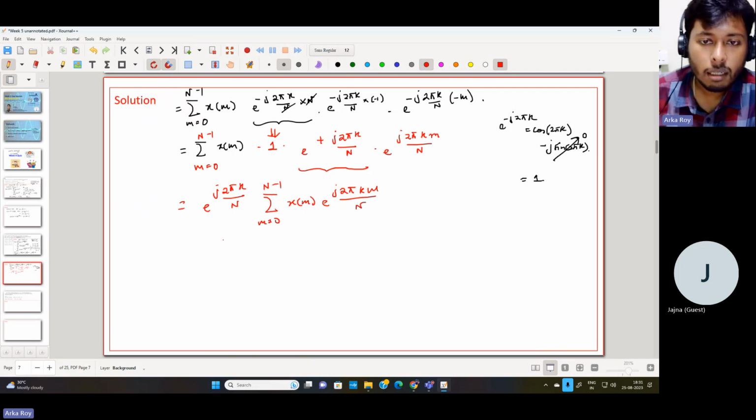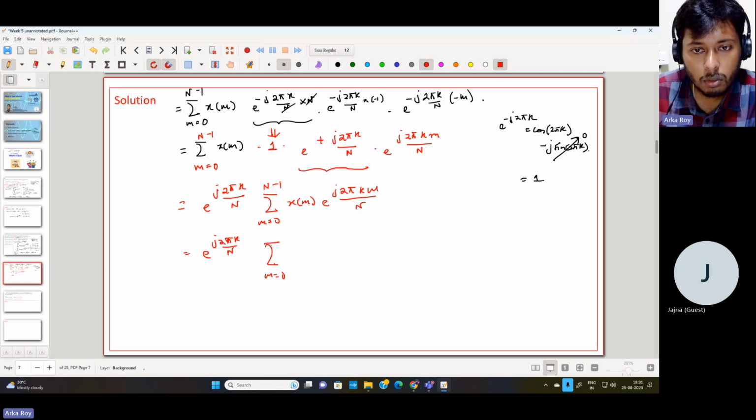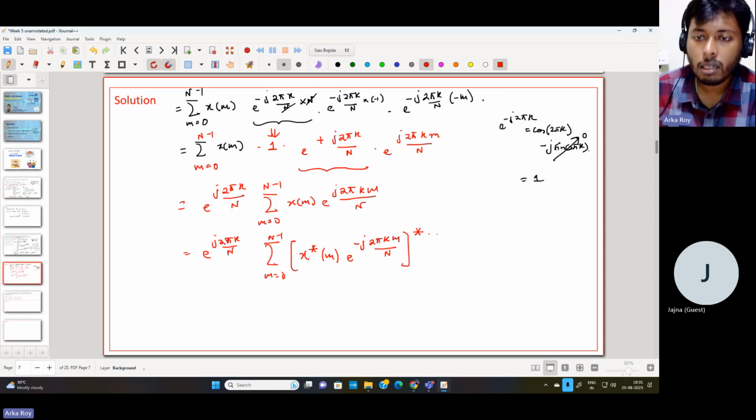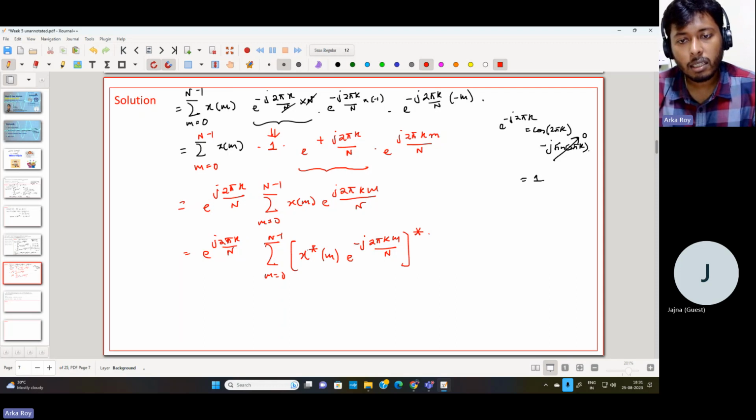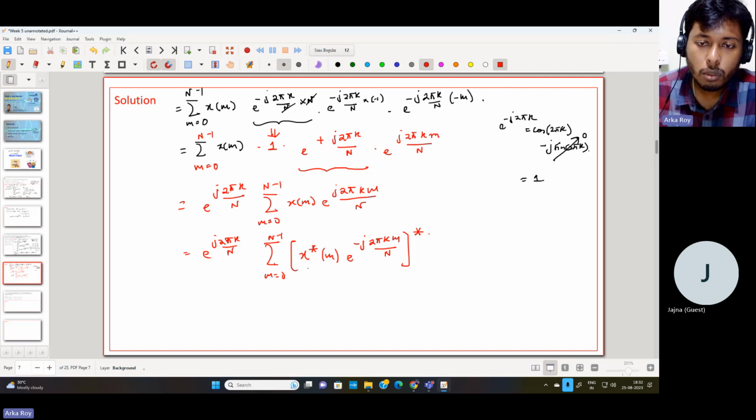So we can consider e to the power j 2 pi k divided by n, and I can write the summation from m equals 0 to n minus 1 of x star of m e to the power minus j 2 pi k m divided by n, and then I am taking an overall star. If the star goes inside, the conjugate of a conjugate number leads to the initial thing, that is x of m only.